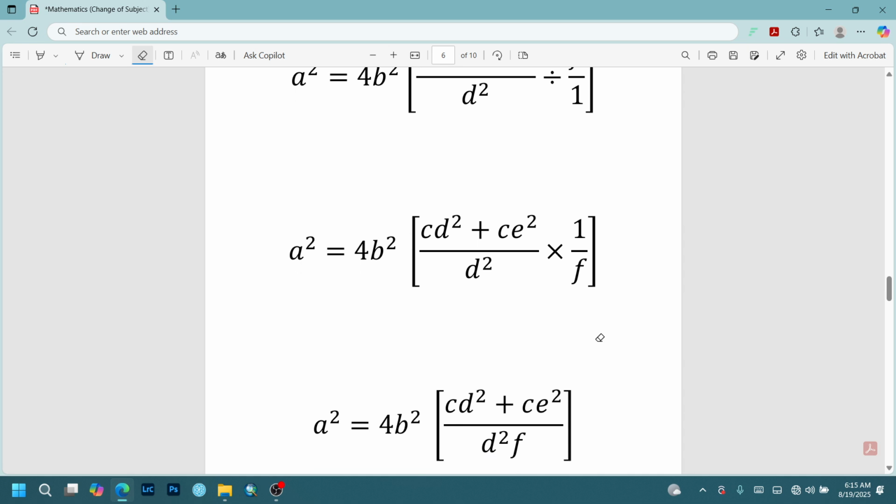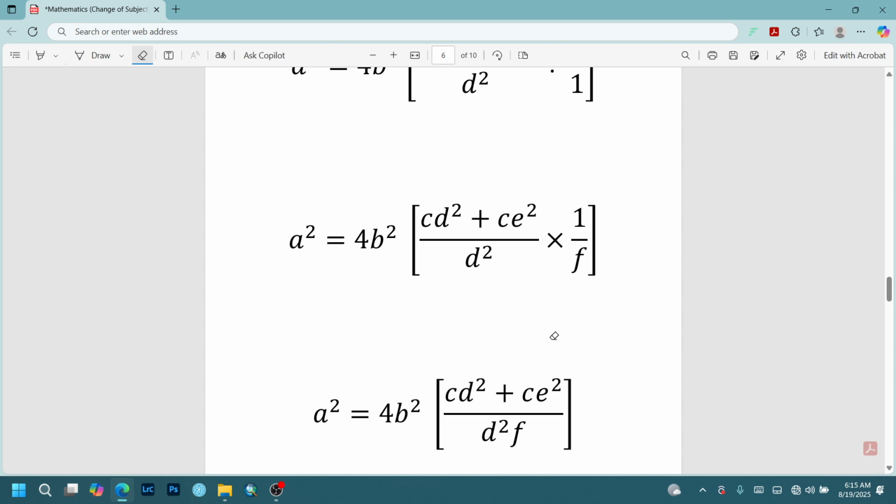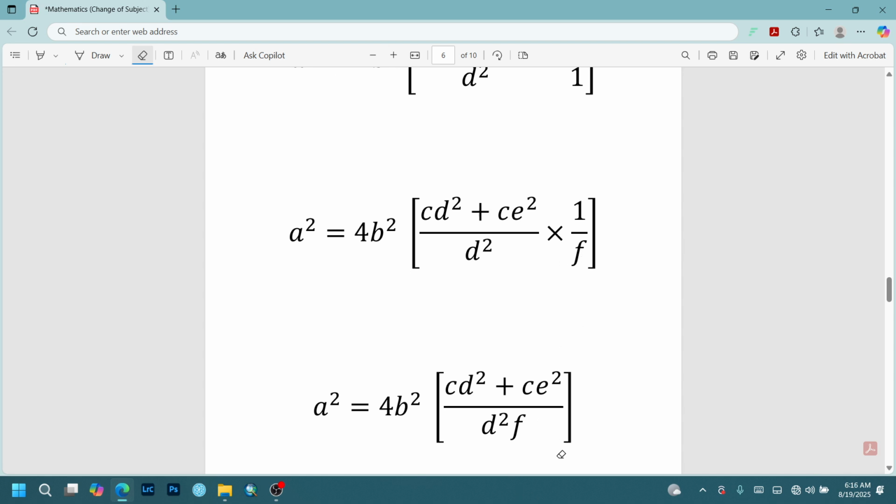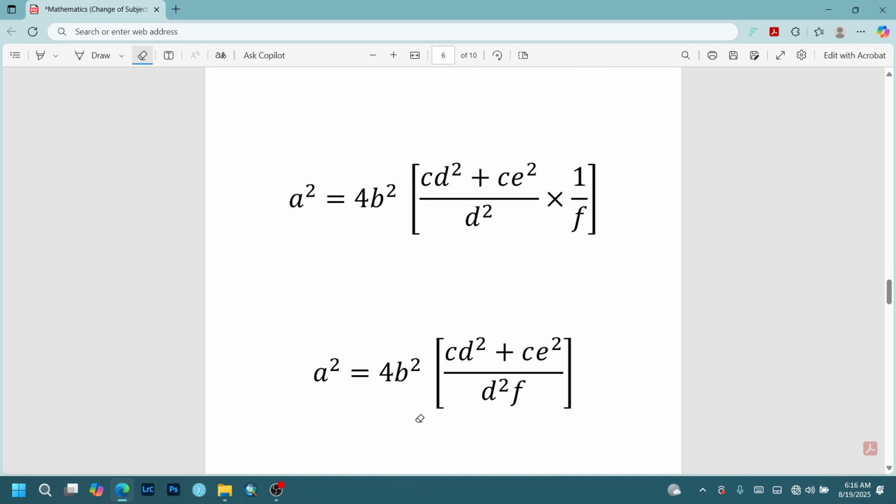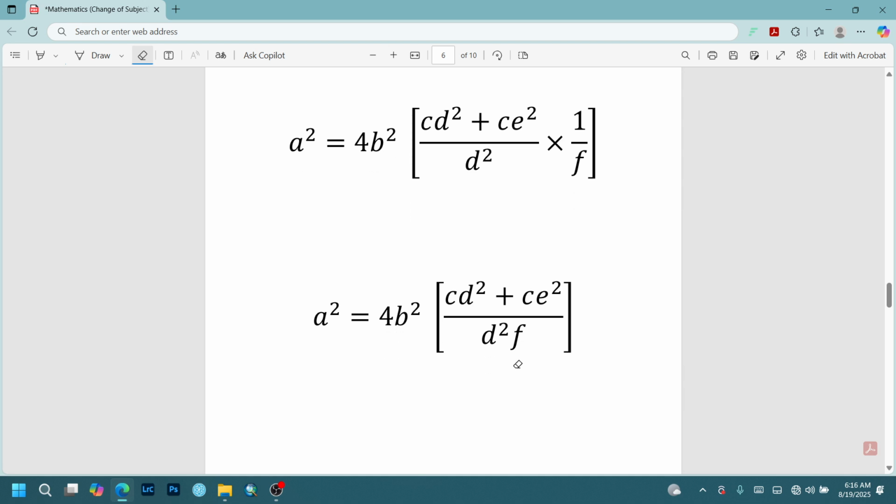So (cd² + ce²) multiplying 1 gives you that same cd² + ce², and d² multiplying f gives you d²f. So we have our new equation: a² = 4b² multiplying the fraction (cd² + ce²)/(d²f).